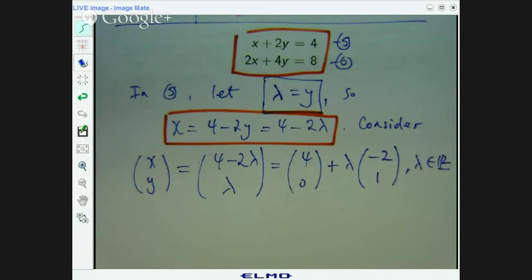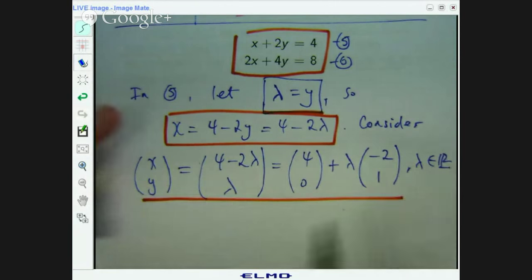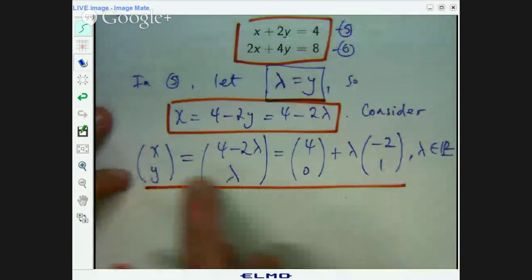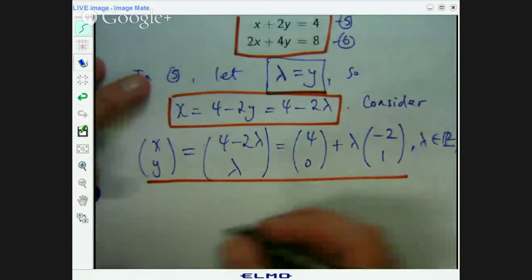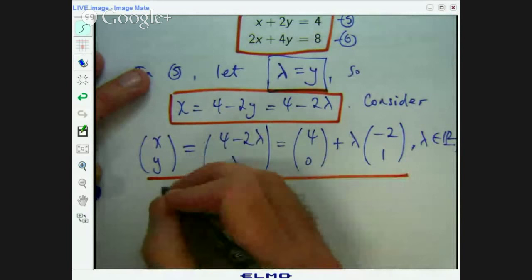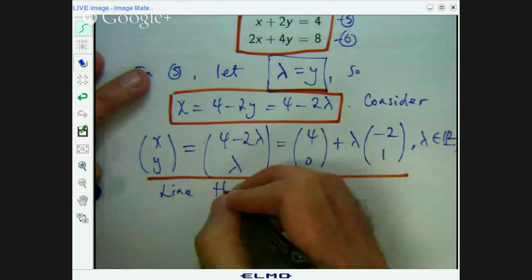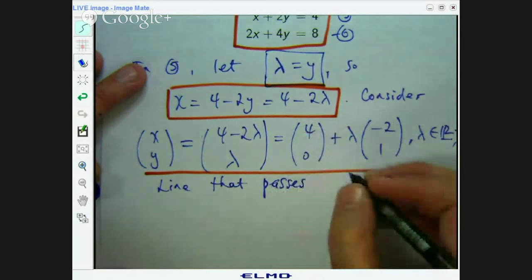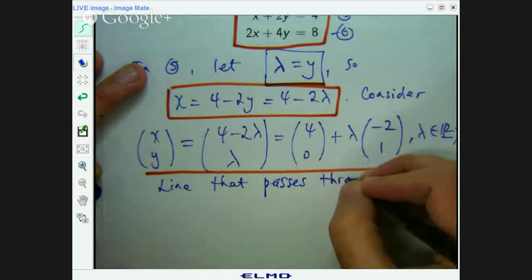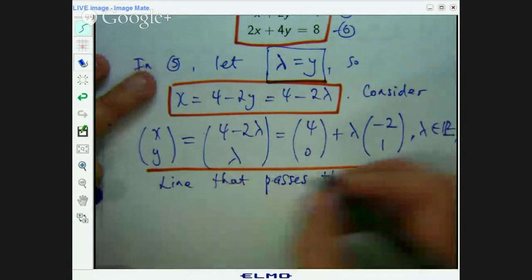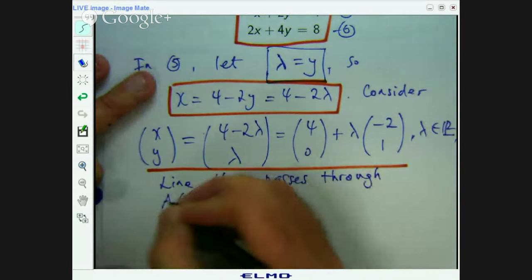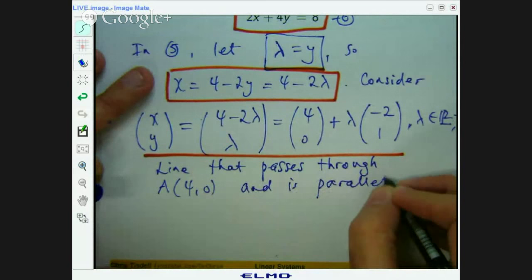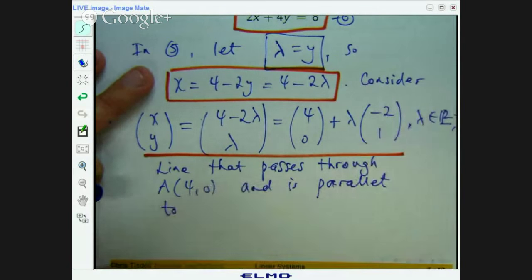So what is the solution? The solution to this system is basically the lines themselves. This can be written in vector form in the following way. This line passes through the point associated with this vector, let's say it's the point A, and is parallel to this vector.